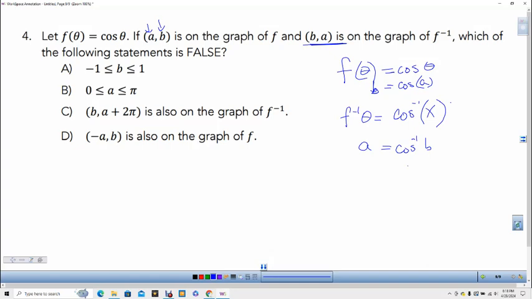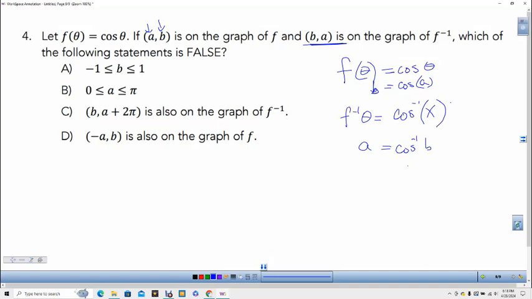So now, if we know that we've got the graph of f, and (B, A) is on the graph of the inverse, which of the following statements is false? So we're looking for one that does not apply.